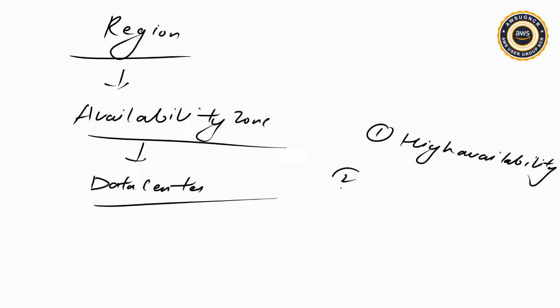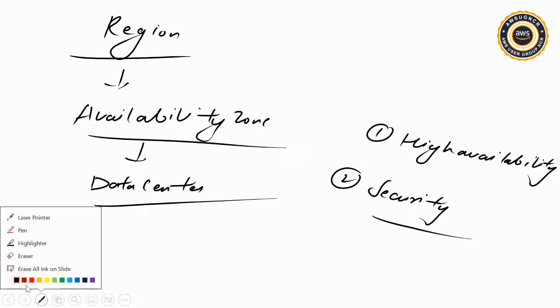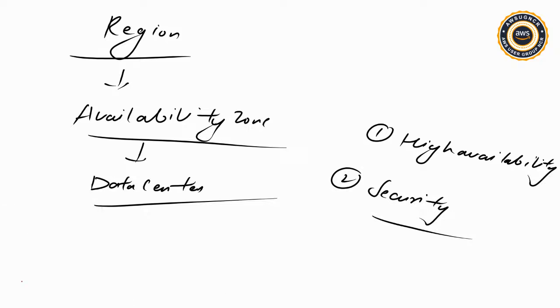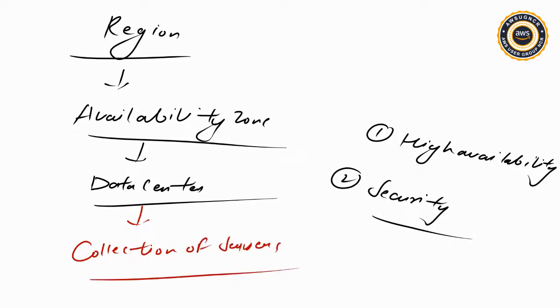Okay. First from security perspective, top to up. So see, data center is the collection of servers. So you can see at the end we are dealing with servers only. In a facility, at the end you have servers where your resources will be hosted, where your resources will be deployed.